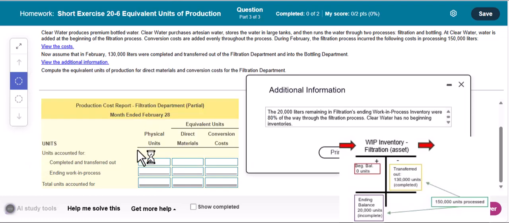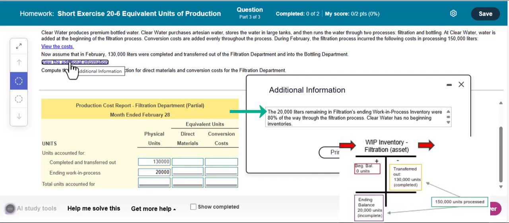So we can actually do the physical units right here to start. The amount of units completed and transferred out was the 130,000 given to us up above right here. So that's 130,000 liters transferred out. We know our ending work in process is going to be that 20,000 liters given to us in the additional information.